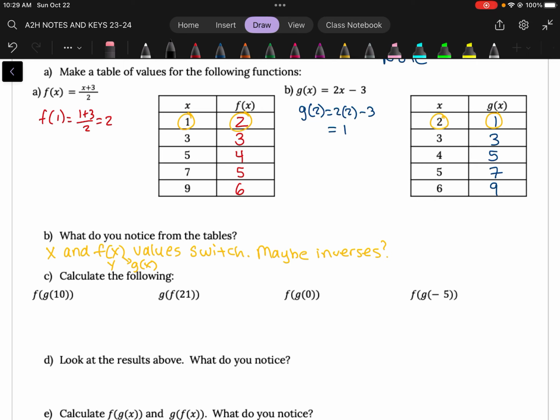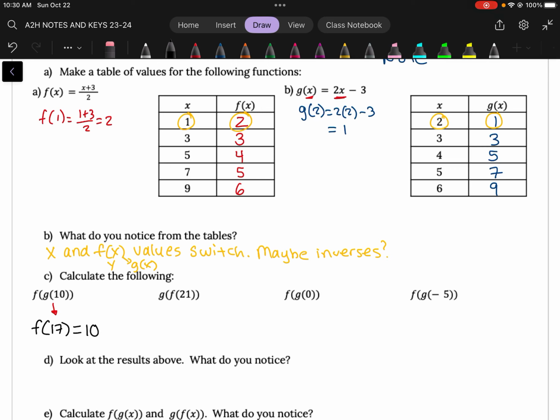So let's do f of g of 10. Well, g of 10, if I plug that in, 2 times 10 minus 3 is 17. Now, f of 17 is 17 plus 3 is 20 over 2.